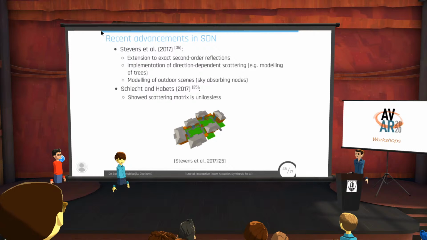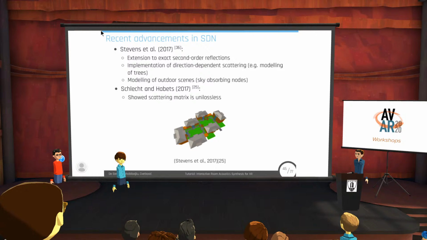So there are a number of people that have been working on SDNs. Stevens and others have extended to Besa Valmaki, they've extended to second-order reflections, implemented direction-dependent scattering, and also worked on modeling of outdoor scenes. Schlechten has also worked on the specific shape of the scattering matrix.